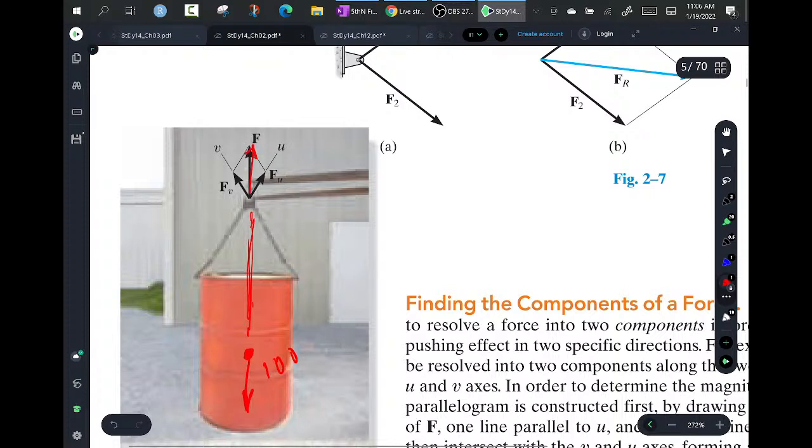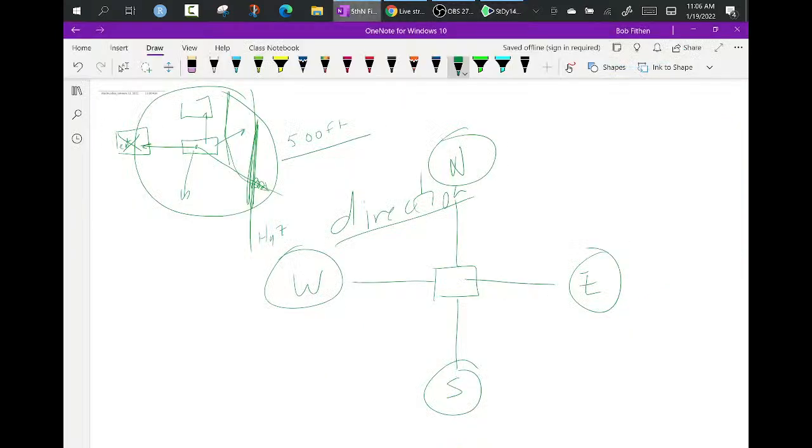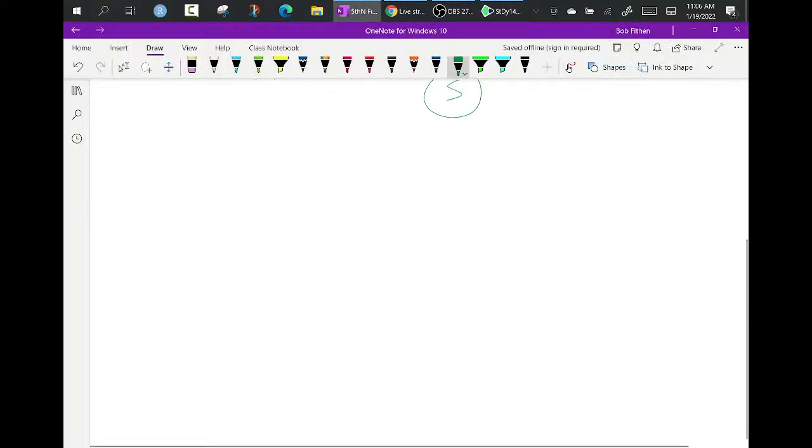Then this is 100 pounds in the opposite direction. Say you had a vector, and you said, here's a vector A, and here's a vector B.